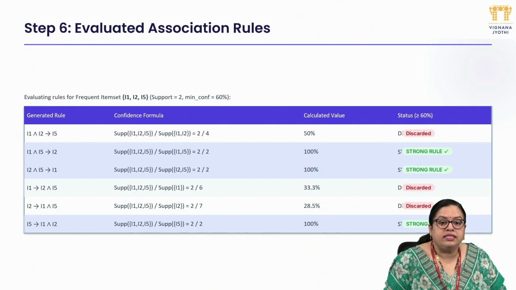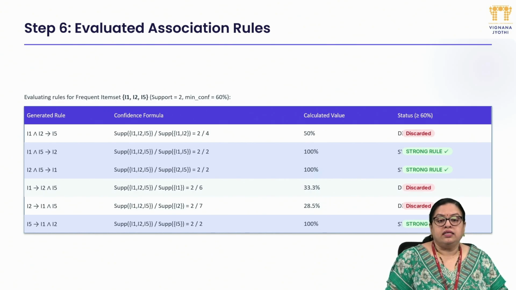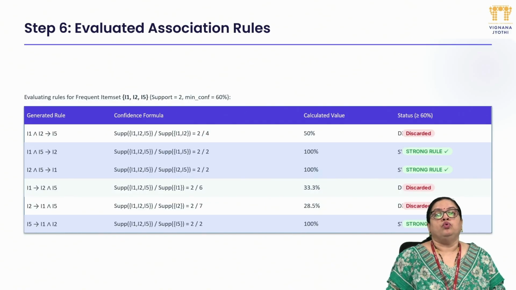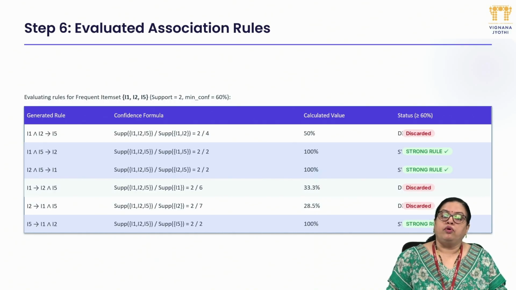Okay, so just look at the first line. It is the support of I1, I2, I5 divided by the support of I1 and I2. What I said previously is that we calculate the confidence of A tends to B as the support of A union B divided by the support of A. So here, what is the A value?